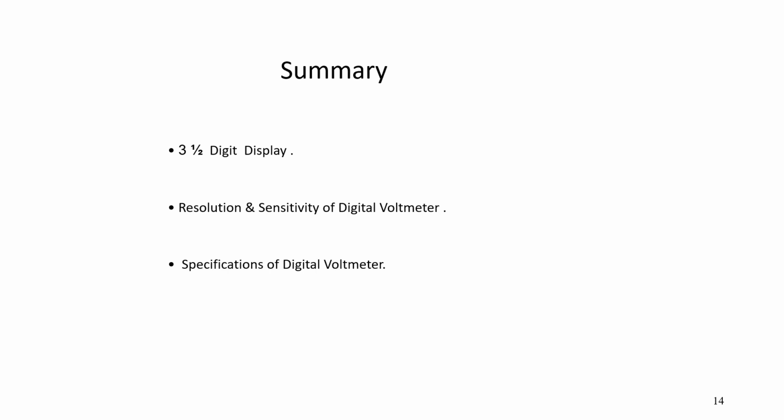Next, we have the probes. Standard accessories are red and black probes, red for positive and black for negative. The safety fuse is 250 volts, 0.2 amps. The size is 160 by 80 by 30. The weight is 250 grams without any batteries.